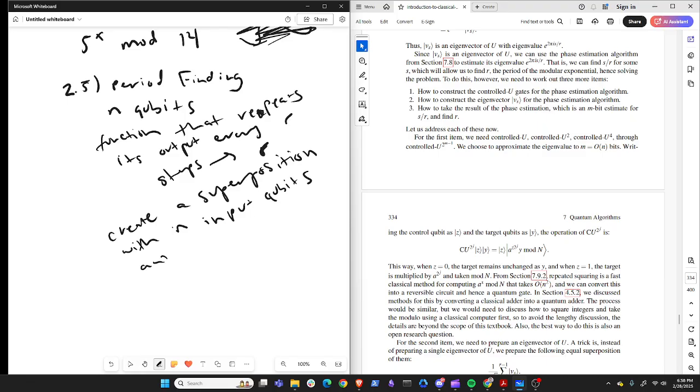We also need qubits to store the function and qubits to store the output from the function. This is not oracular.